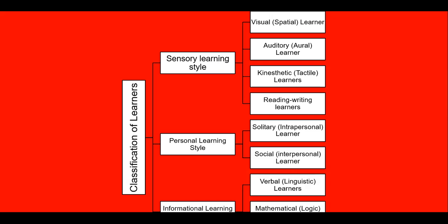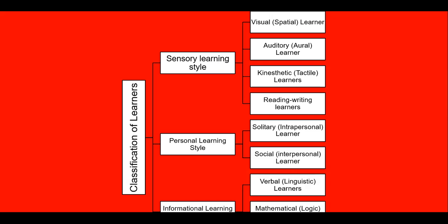The third category here is informational learning style. This is classified into three, where we have the verbal learners or the linguistics. They learn through verbs, through words, through languages.